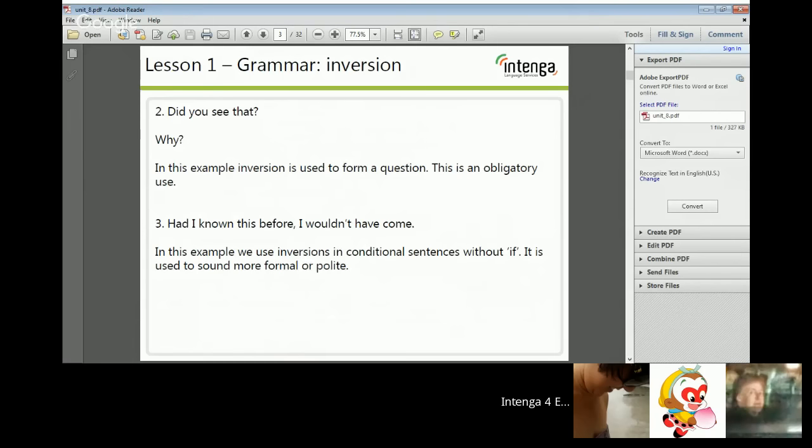The auxiliary did means that it's in the past, and normally it's used with questions or negative sentences. So, did you enjoy the concert? Or, I didn't enjoy the concert. But I'm using it in the affirmative sentence. And so you see did. All it's doing is giving more emphasis. That's all this first did is doing. Okay? Yes.